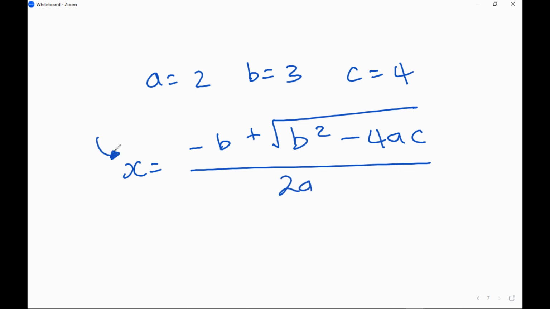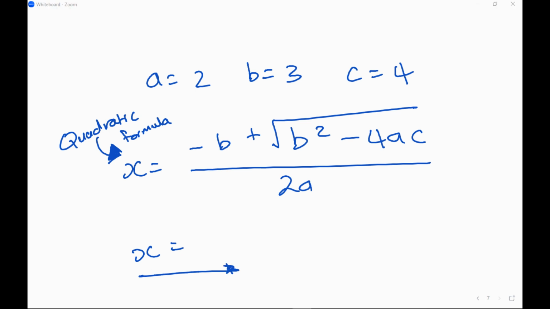This is known as the quadratic formula. It's a very special formula which you will probably still learn, but see if you can substitute it into the quadratic formula to get the value of x.